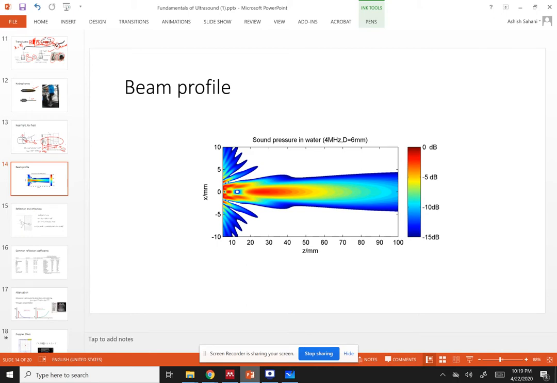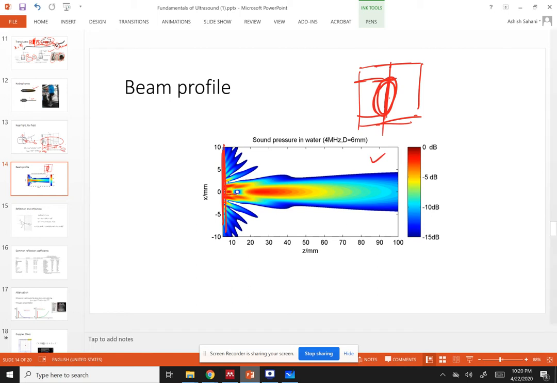If this is the transducer surface, and we start the plot from the transducer surface here, and we cut one plane through this surface like this, then the plot of intensity over this plane looks like this.